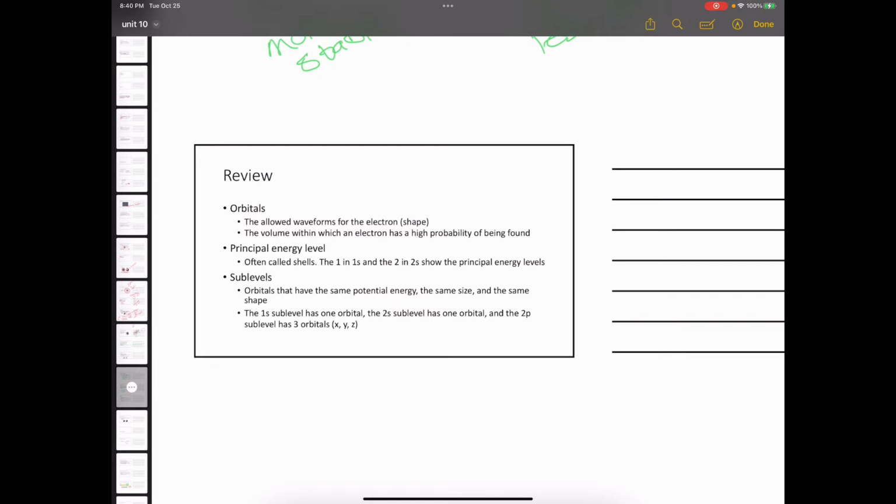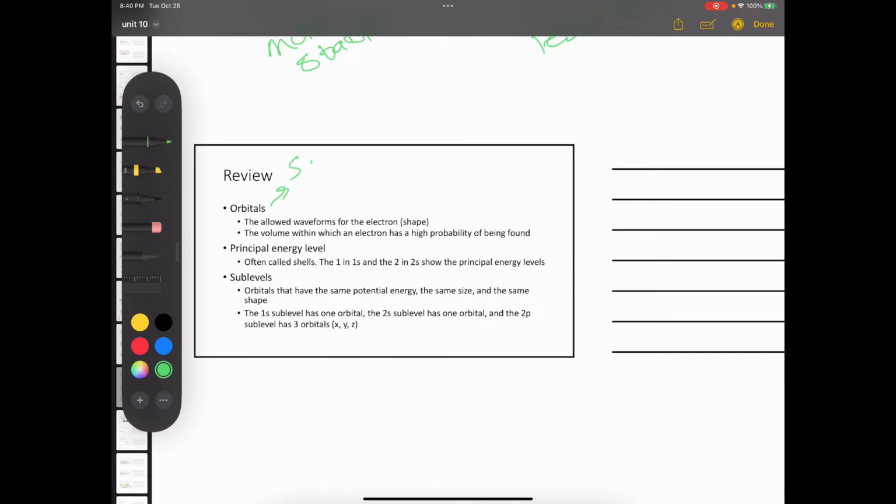So we have orbitals such as the s orbital, the p orbital, and the d orbital. The volume within each has a high probability of the electron being found. So that's where you find the electron with a high probability, within that shape, within that waveform.